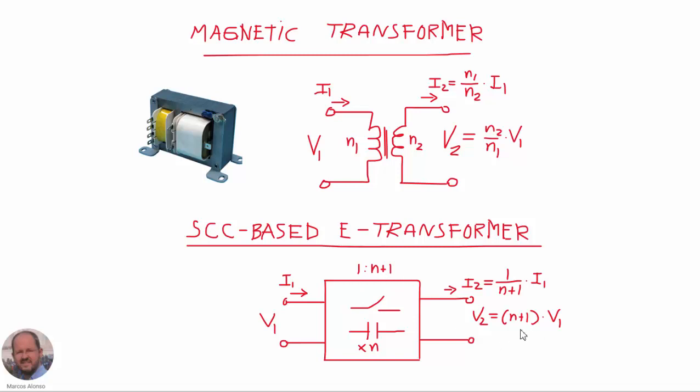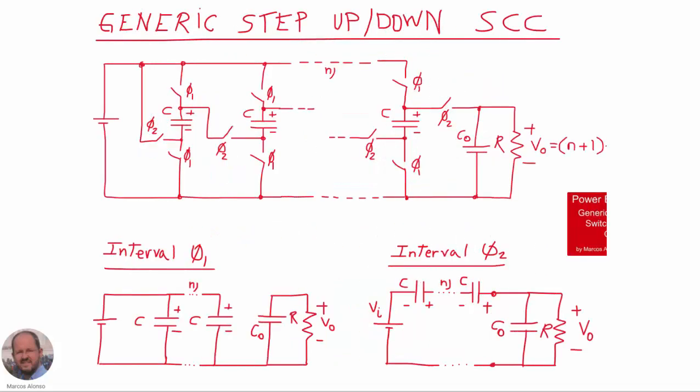So the output voltage is going to follow this expression here, N plus 1 times the input voltage, and the output current is going to be 1 over N plus 1 times I1. The development of electronic transformers is very popular nowadays, so we're going to see how to do this using the switch capacitor converter technology that we have seen.